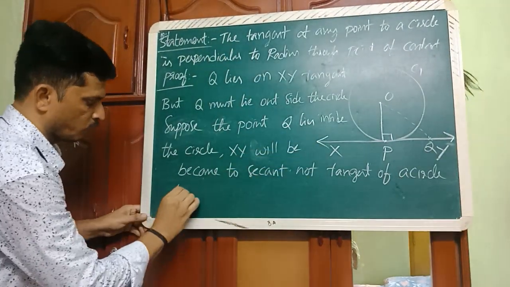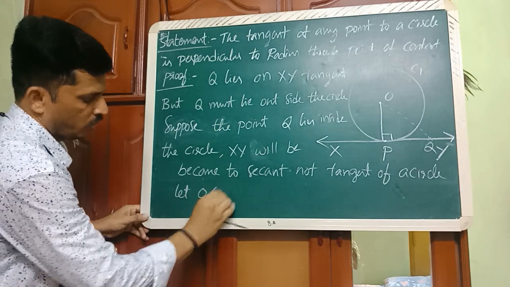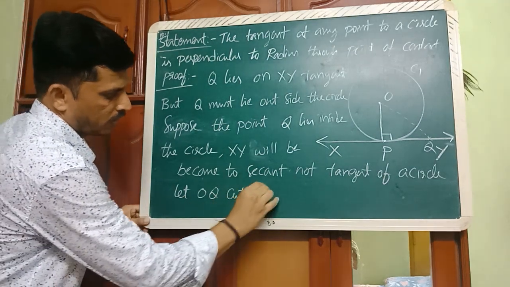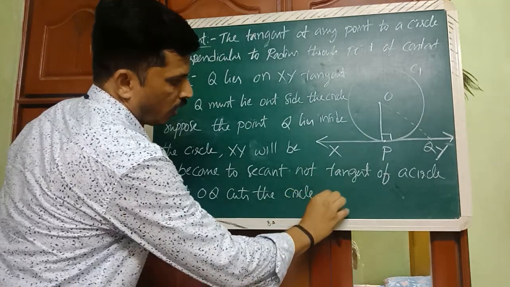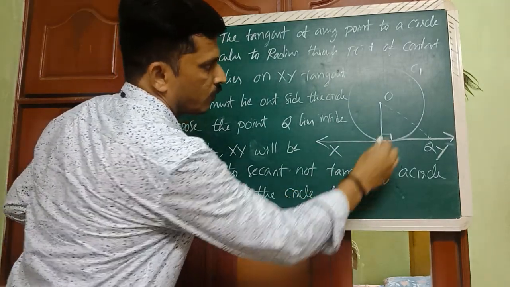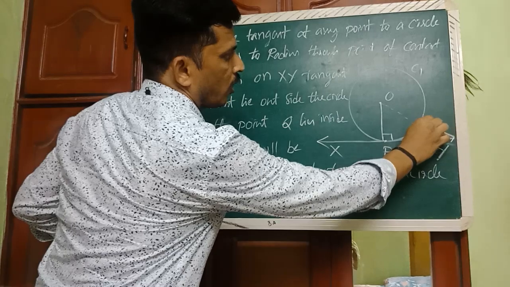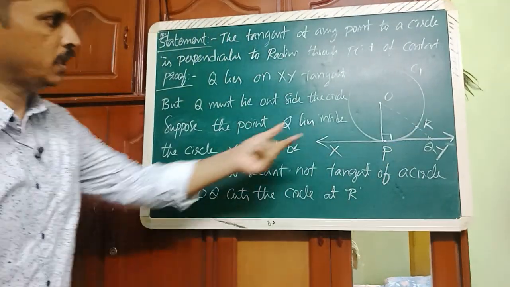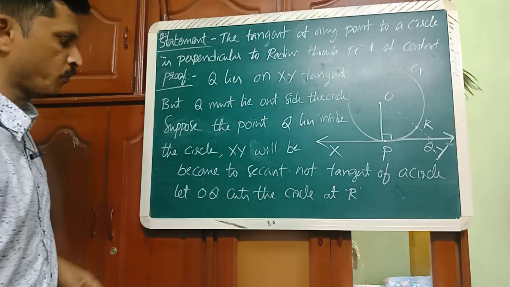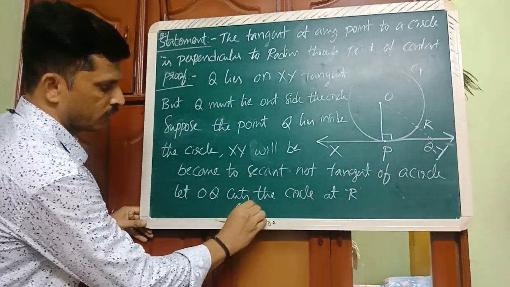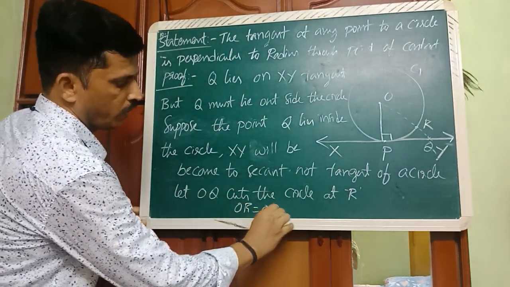Let OQ cut the circle at point R. If you observe here, OR and OP are both radii, so OR is equal to OP.